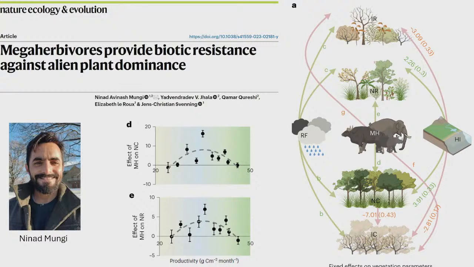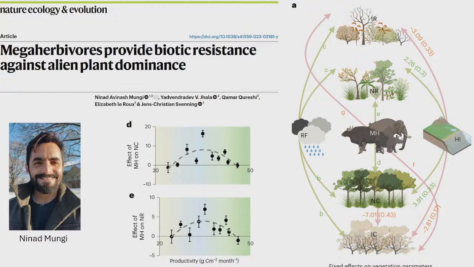And so the green vegetation represents the native vegetation with richness at the top and cover at the bottom, and then the brownish pink is the invasive, or the alien, not necessarily invasive, alien plant species, again with richness at the top and with cover at the bottom.